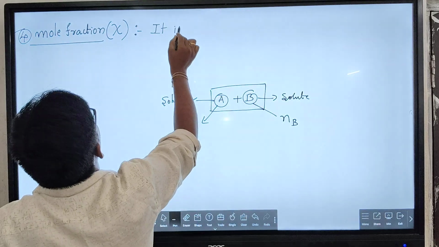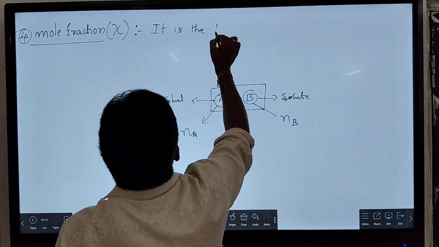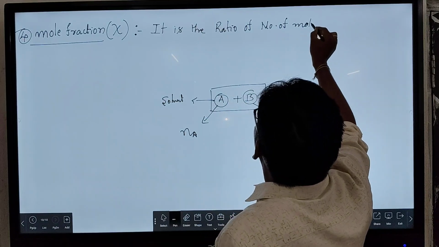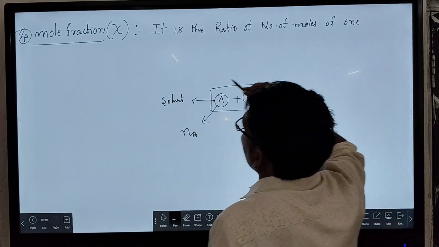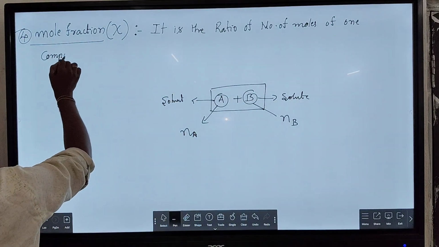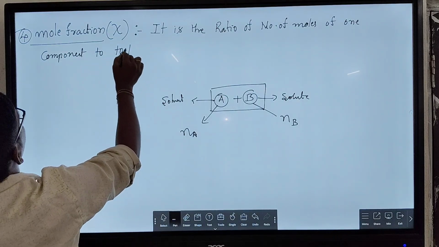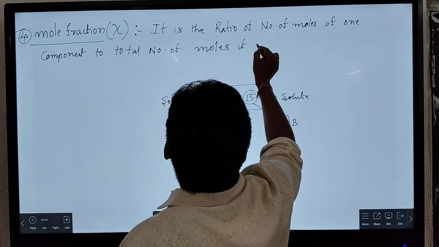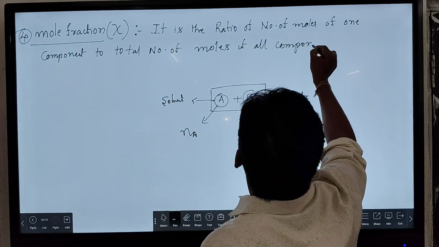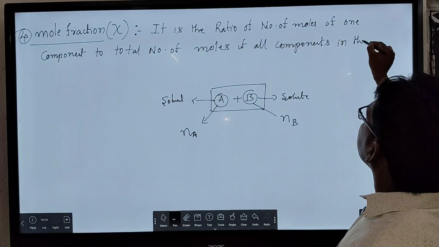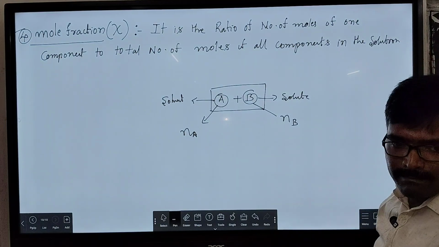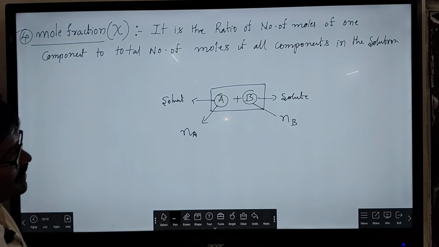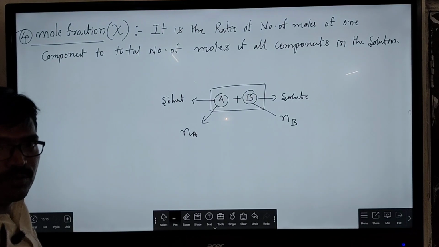Mole fraction is nothing but the ratio of the number of moles of one component to the total number of moles of all components in the solution.